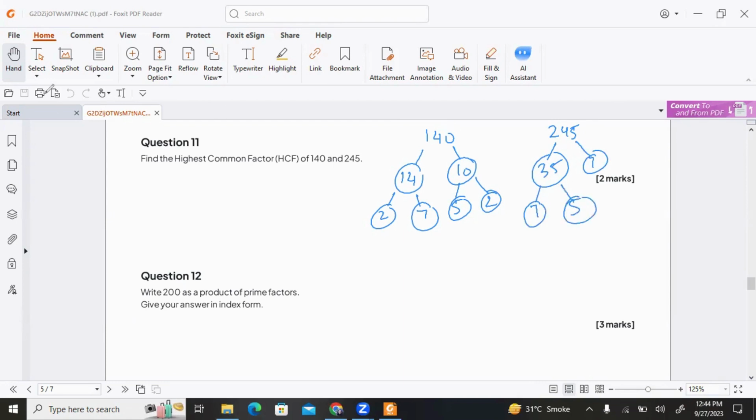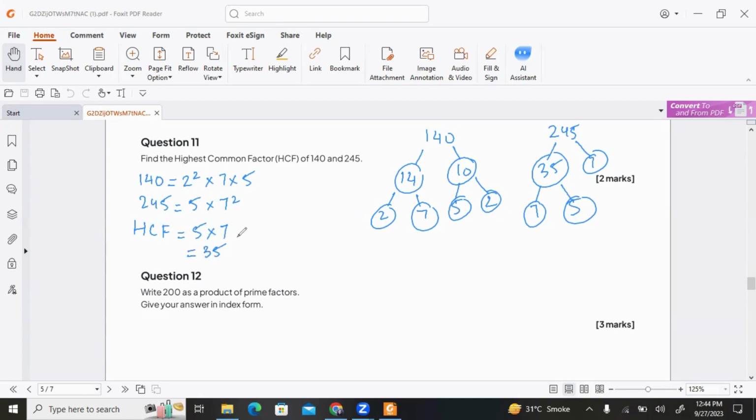So now if we write the factors as a product, 140 is going to be 2 squared times 7 times 5. Whereas for 245, we have 5 times 7 squared. So as we can see, the common ones are 5 and 7. So HCF would be 5 times 7, which is 35.